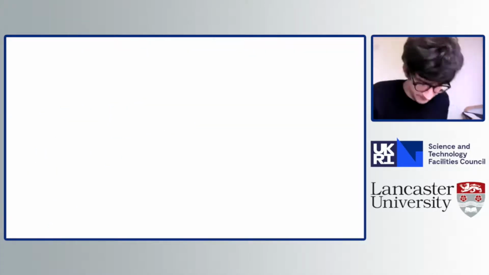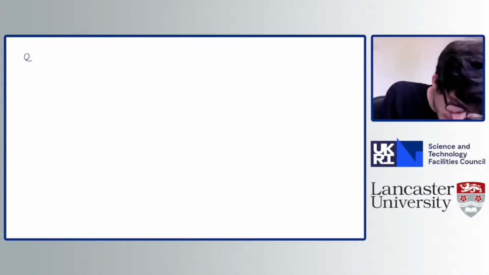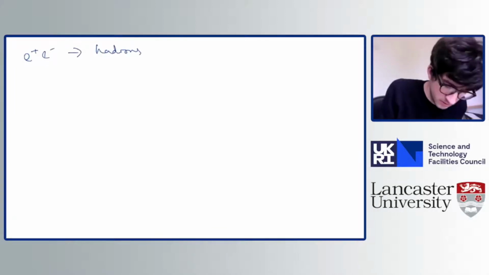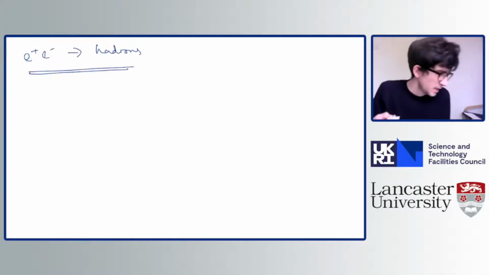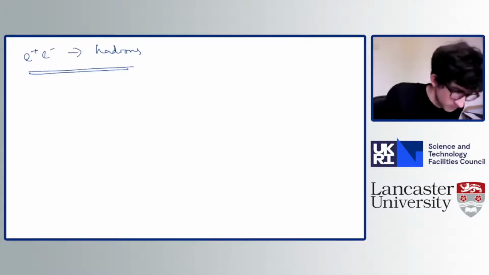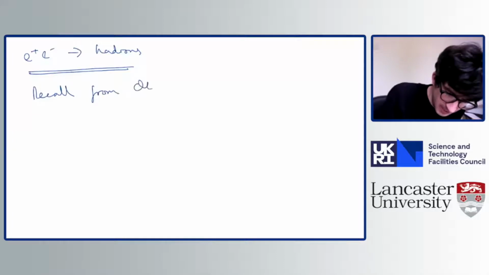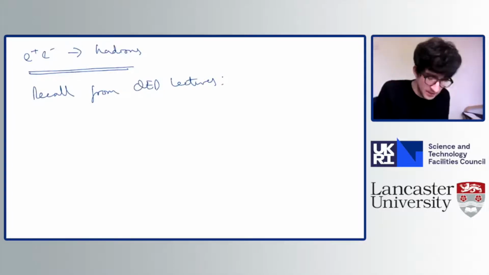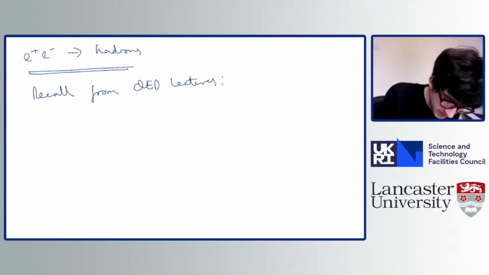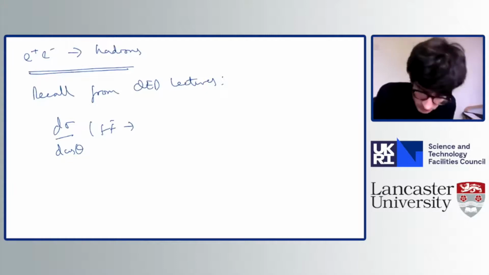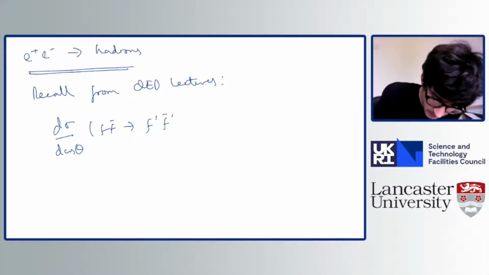So let me start. As promised, I'm going to start with something featuring leptons, which is E+, E- to hadrons. So let's recall from our QED lectures, which you will have had or will be having, that d sigma d cos theta for f fbar, so fermion antifermion, goes to some other fermion prime, antifermion prime.